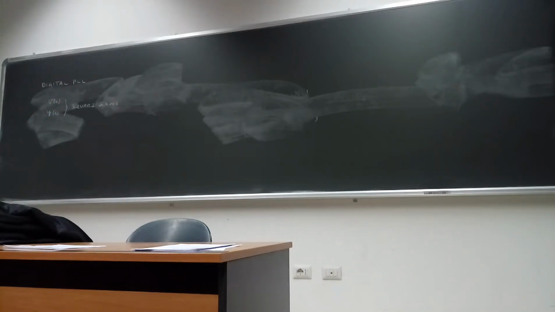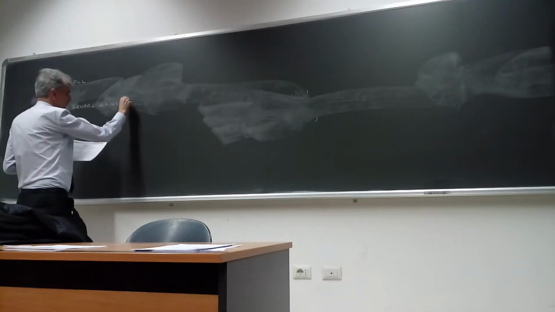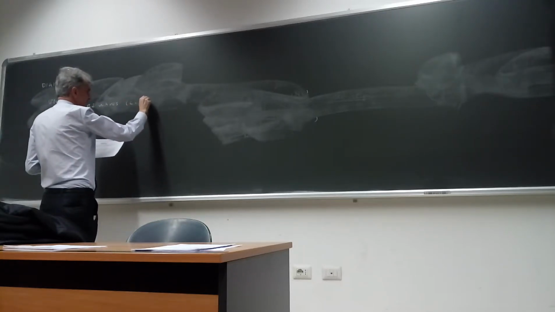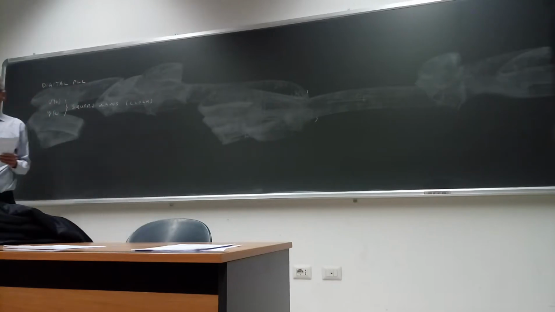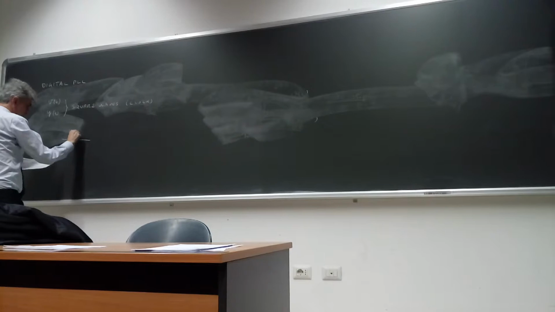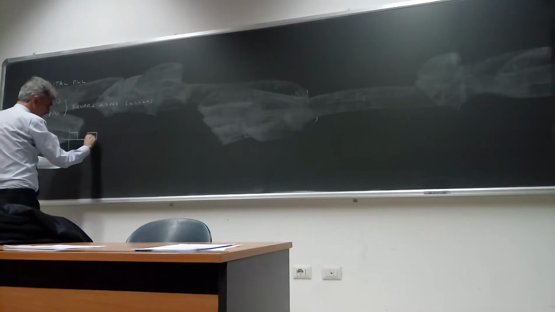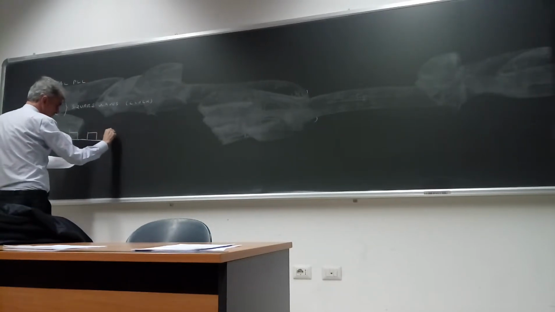You know, a square wave is like a clock, what is called clock in the technical language. It's a sort of sinusoid, but actually what you find is this.